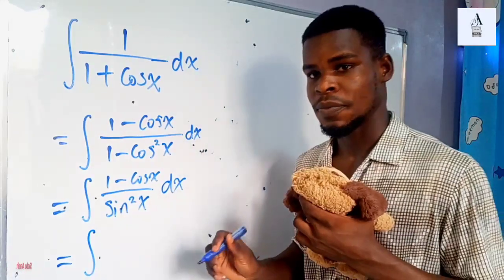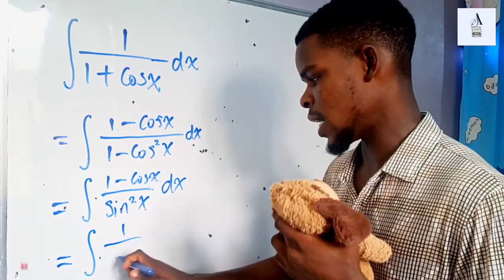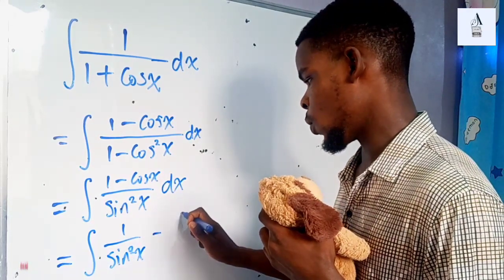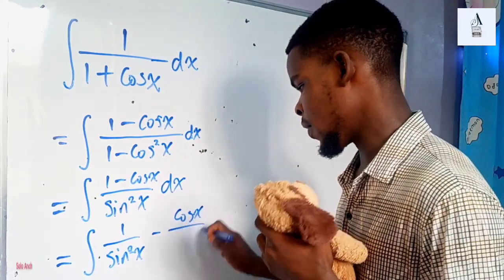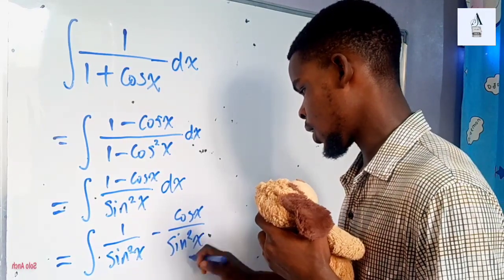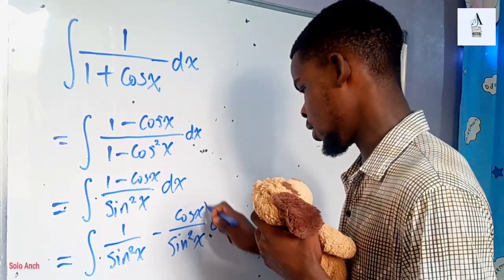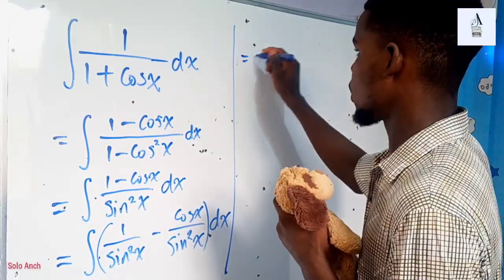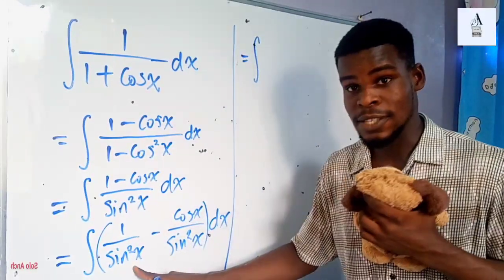Okay, so since we have that, you can see that this will be, well, we are just going to split the fractions, and on splitting the fraction we have 1 over sine squared of x, minus cosine of x divided by the square of sine x, and we can put the dx over here. So you notice 1 over the sine squared of x is cosecant squared of x.